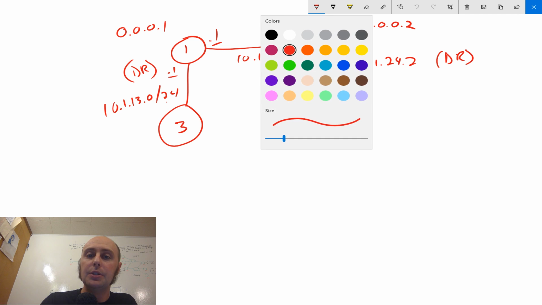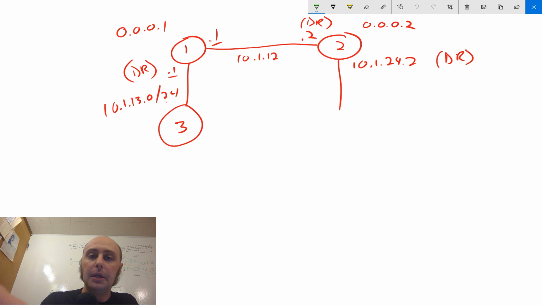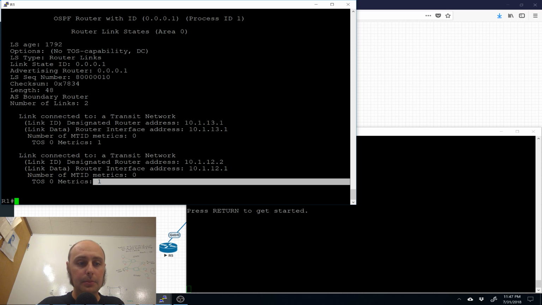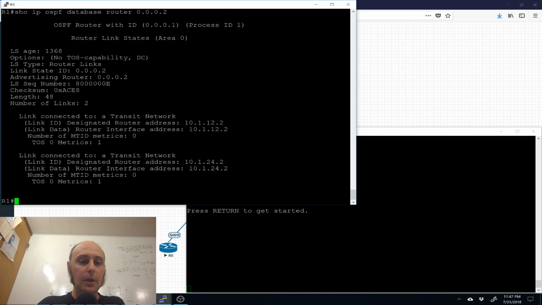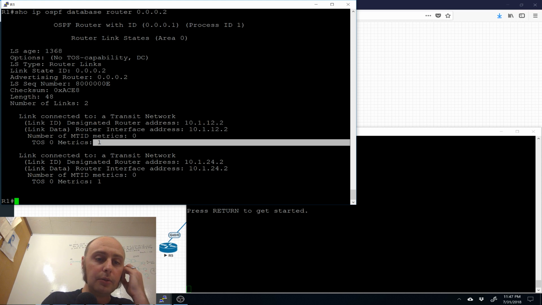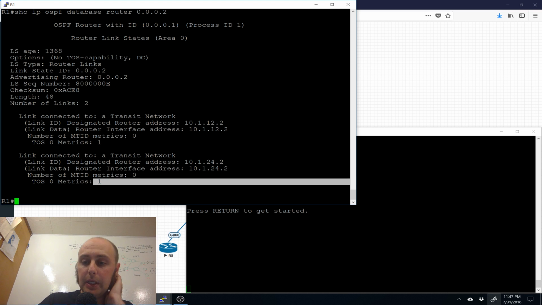Maybe we'll do cost in green. So the cost of this link from router 1's perspective is 1. Maybe I'll put that in a box, and 1. And let's do that again from router 2. Router 2 has a cost of 1 and a cost of 1, so we can indicate that as well.